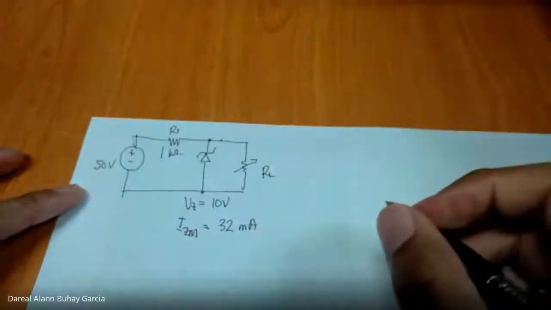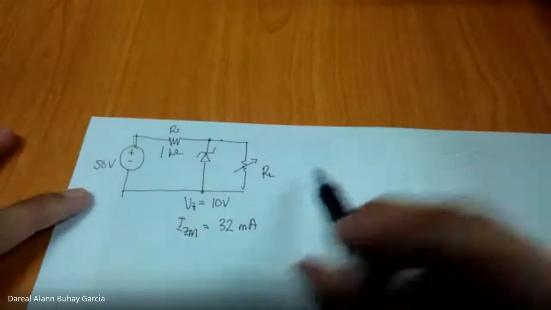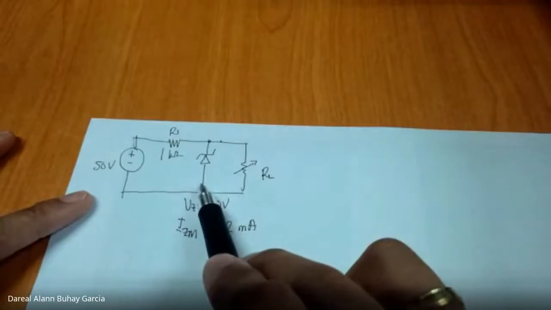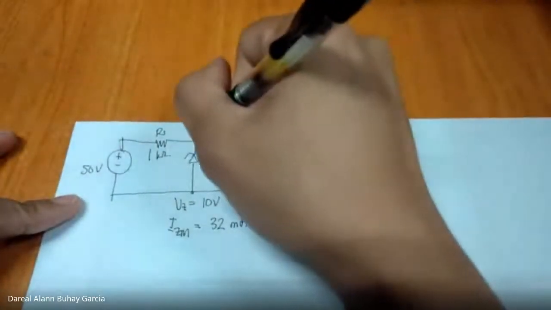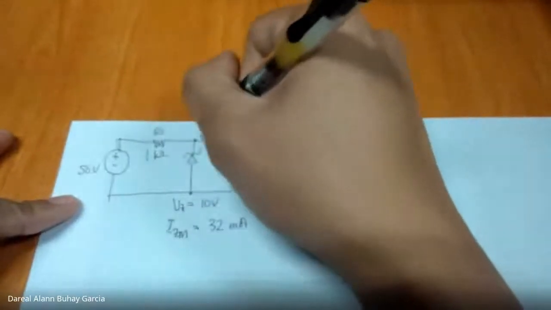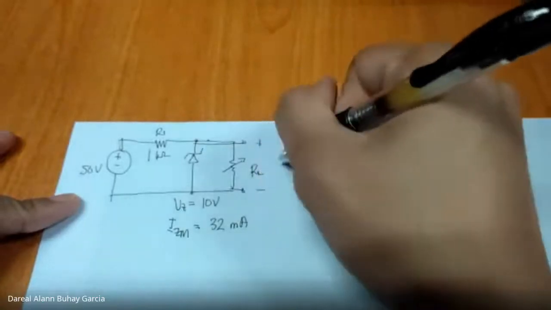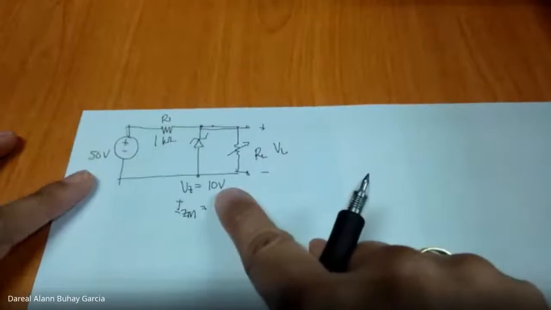So first, let's determine the minimum value for RL to turn on our Zener diode. Okay. So if it has turned on, of course, VO or VL is 10 volts.